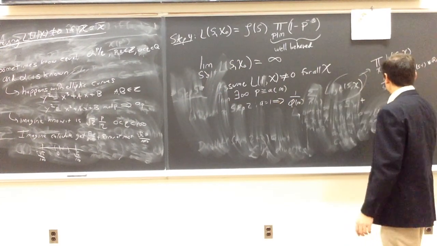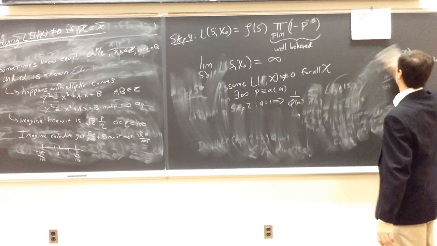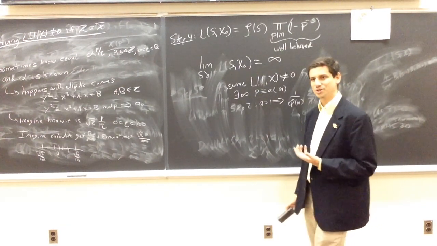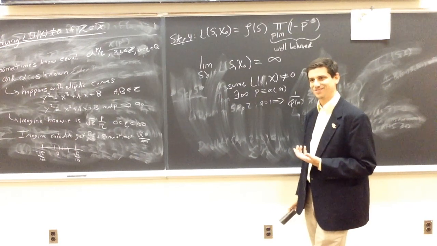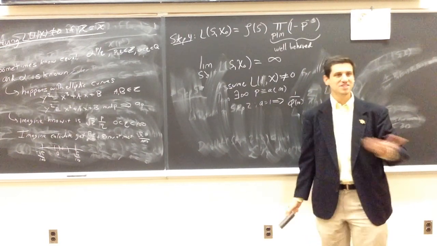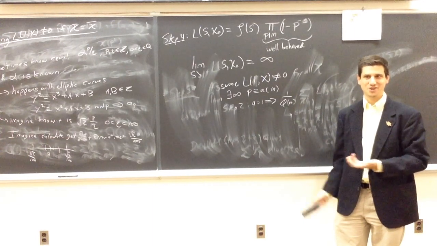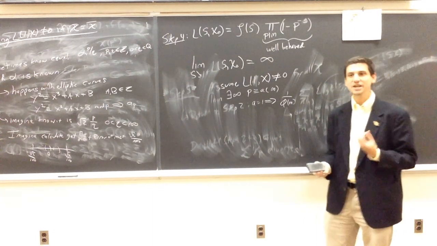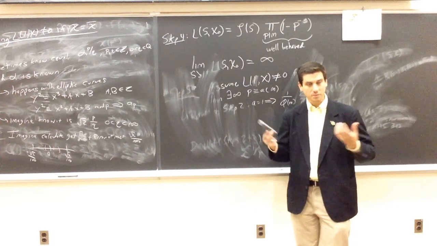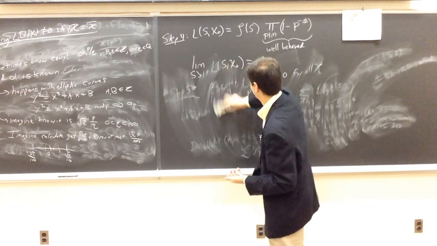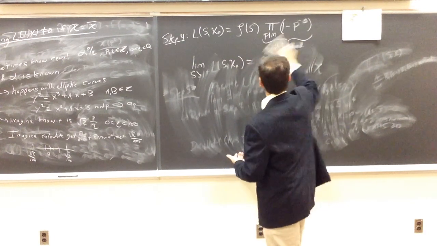Well, the problem is if I use 2, 2 is too easy. Because the problem with 2 is, what are the only numbers relatively prime to 2? 1. And I have to send 1 to 1. So I have no freedom. So I need a number m such that phi of m, the number of numbers relatively prime to m, is maybe 2. I could try 3, but what else could I try?